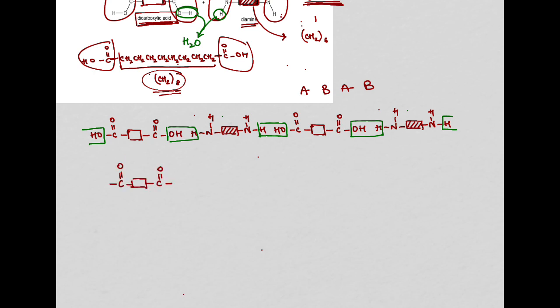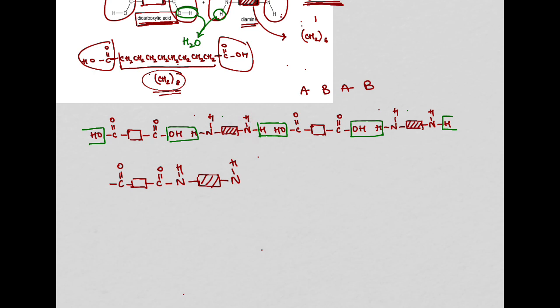Now I'm going to start drawing my polymer. So I'm starting in the same way that it started here. So I'm replicating this. Now here, this is gone. OH and H is gone. So the carbon now is linked directly to the nitrogen. So I'm going to have the nitrogen next with the hydrogen on top and the shaded box. Next, I have the nitrogen here.